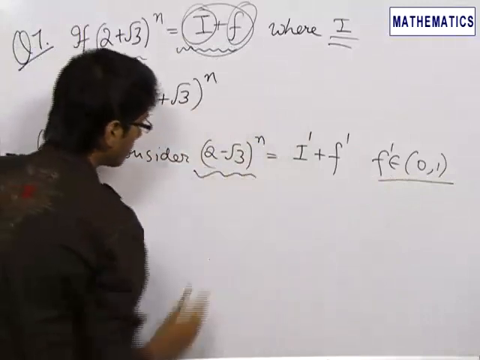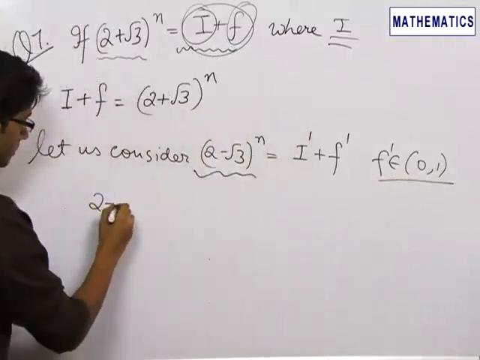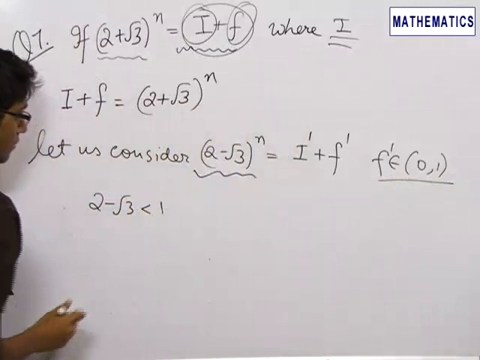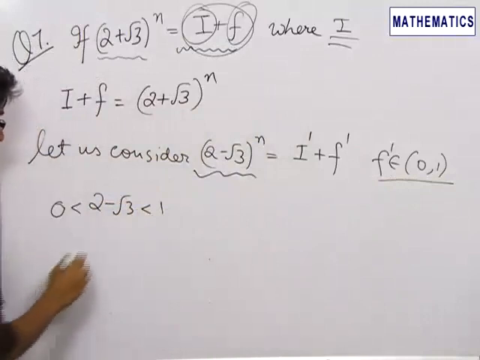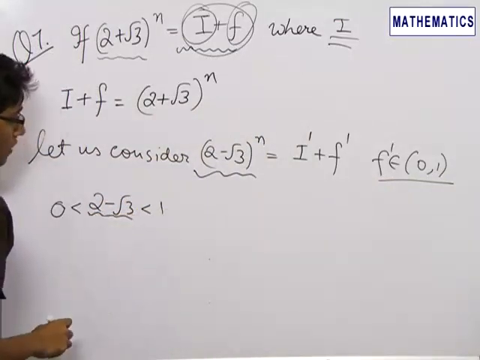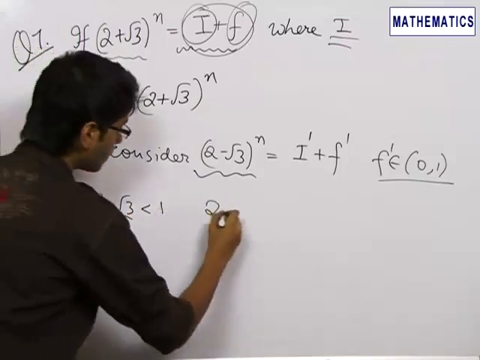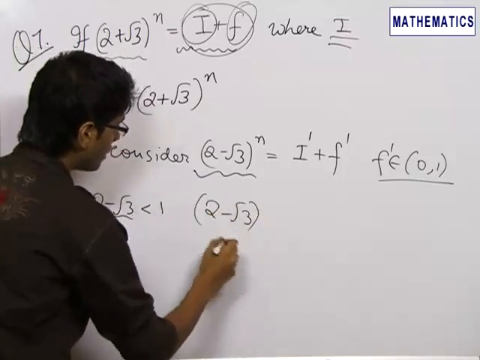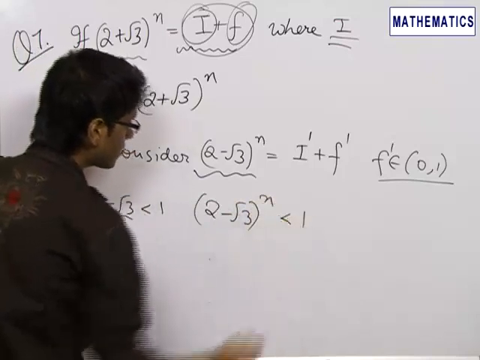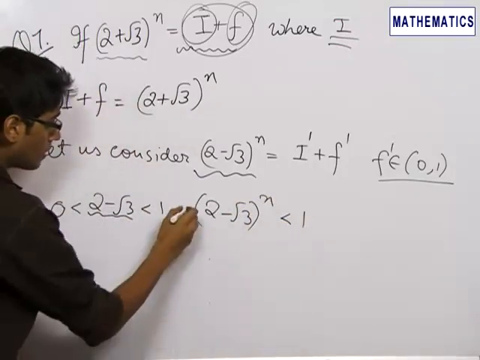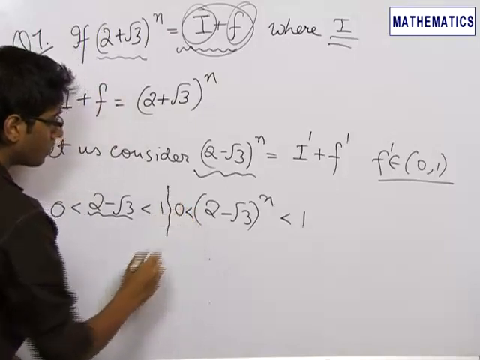Now by inspection, since 2 - √3 is less than 1 and greater than 0, this is a fraction between 0 and 1. So any fraction when raised to an integer power is always less than 1, and definitely greater than 0.